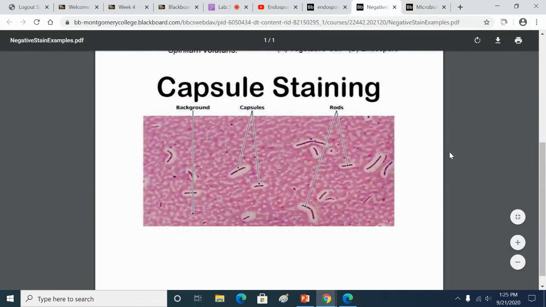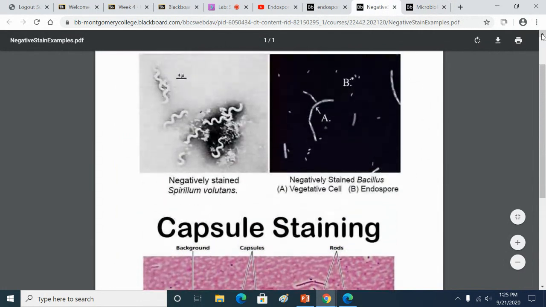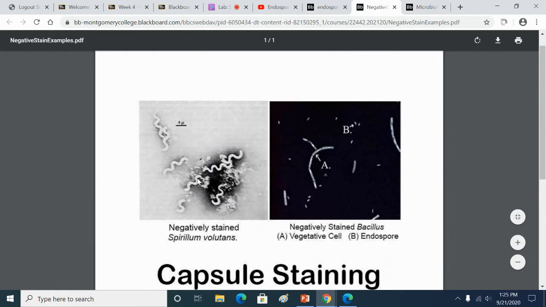Again, the capsule stain, but a nigrosine stain. Here we see where the bacteria are very bright against a darker background. And here you can really see, right, the background is very, very dark with the stain. And here we see the bacteria, right? They're bright in color because they're not stained.